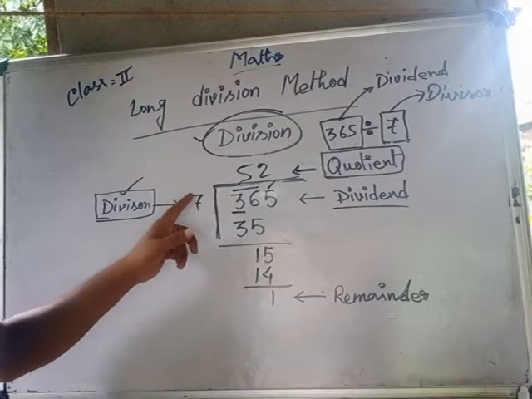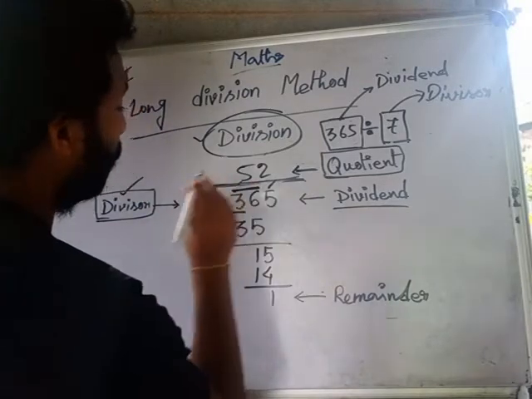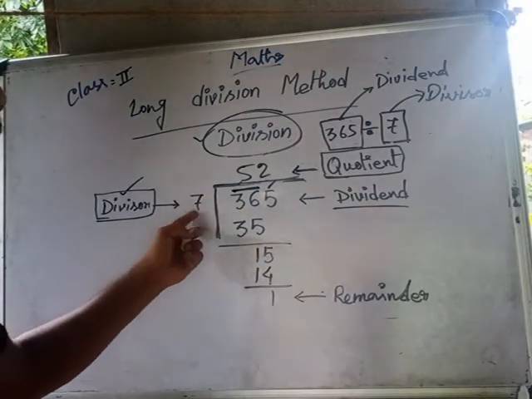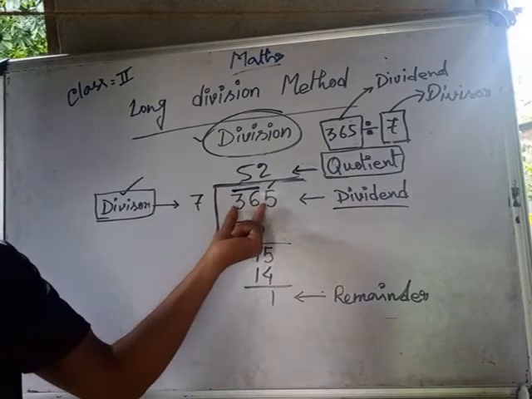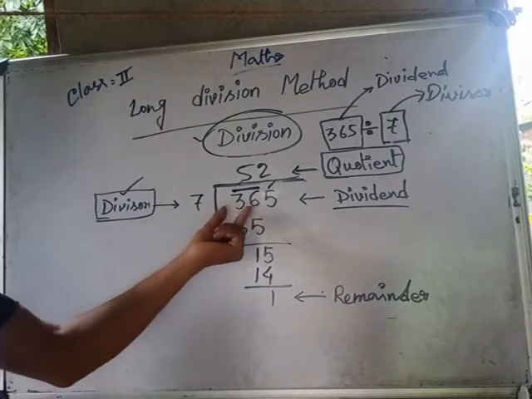If it is less than the divisor, then I will take 2 digits. Here 3 is less than 7, so I will take the 2 digit number 36.